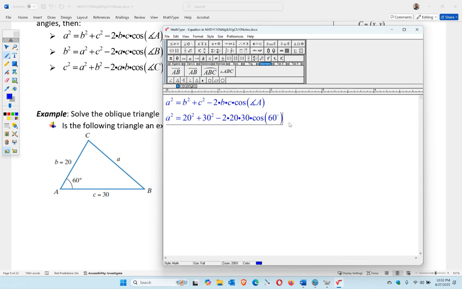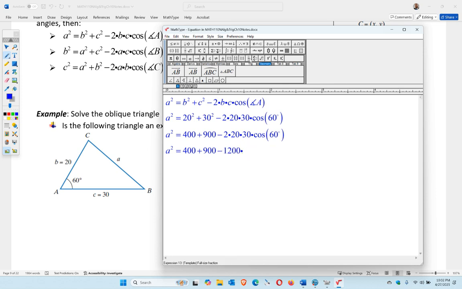Okay, the biggest thing is to follow the order of operations. Exponents come first, so I get 400 and 900. After exponents comes multiplication, so 20 times 30 is 600, times 2 is 1200.